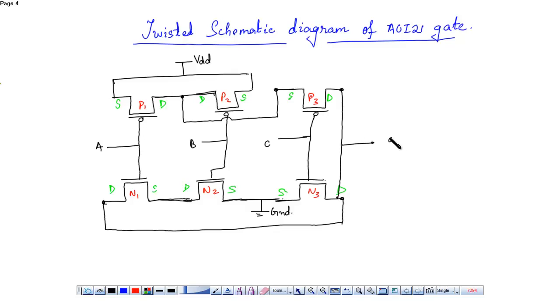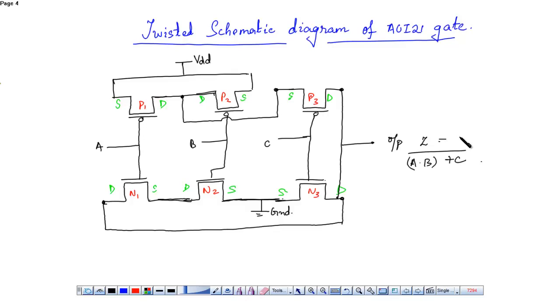So this is the output Z, that is A dot B plus C bar. So this is a twisted schematic diagram of an AND-OR-invert 21 gate.